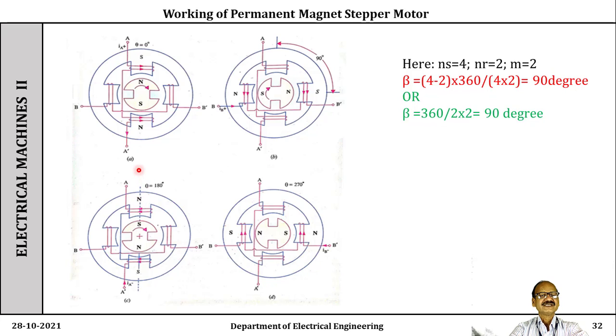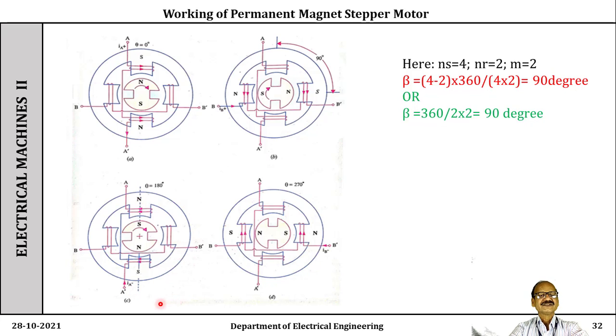This is the stator polar axis. Now see what happens: the south pole is produced here, this south will repel, however this north will attract. So the rotor will rotate through a further 90 degree, and therefore theta becomes 180 degree. Half a rotation is produced.